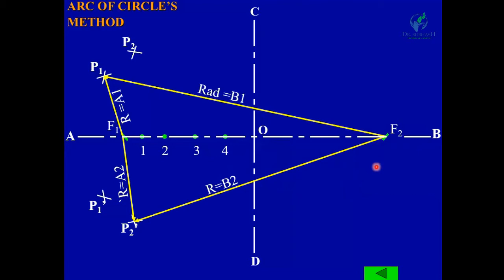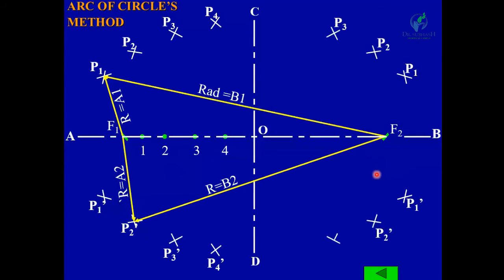Similarly, center F1, radius A3, and center F2, radius B3, give the points P3 and P3 dash. Then radius A4 with center F1 and radius B4 with center F2 give P4 and P4 dash. Similarly, you will get the points on the other side of minor axis CD.